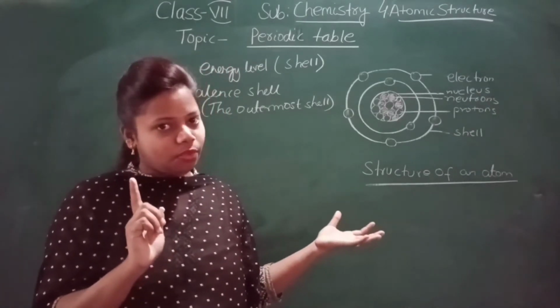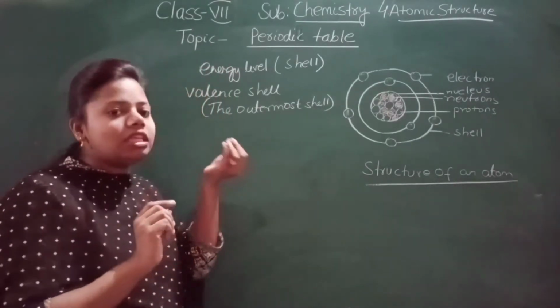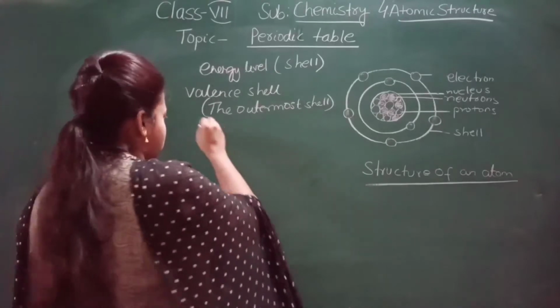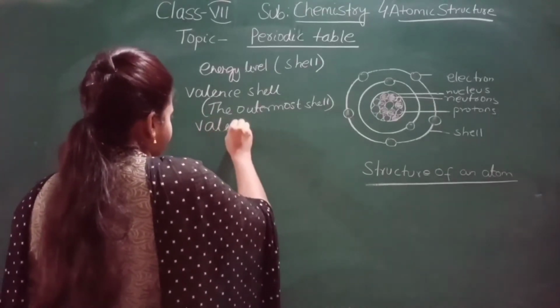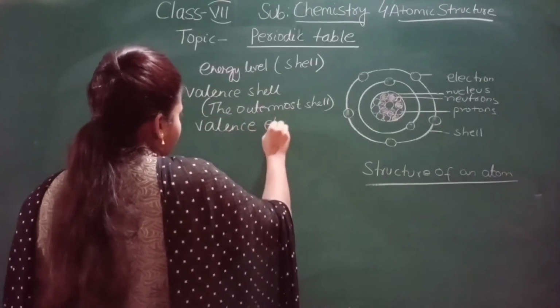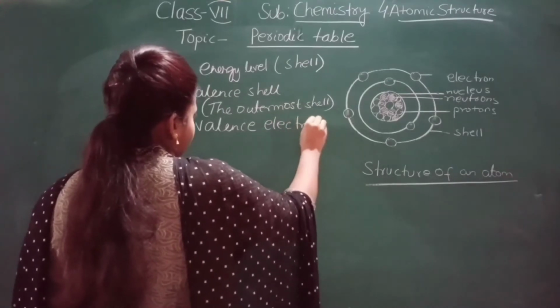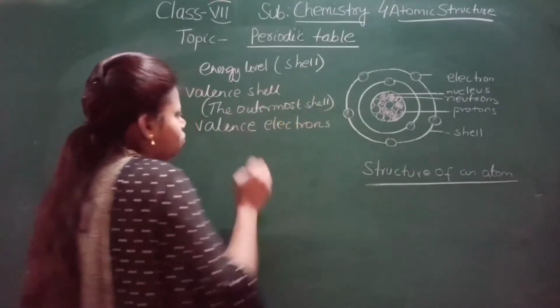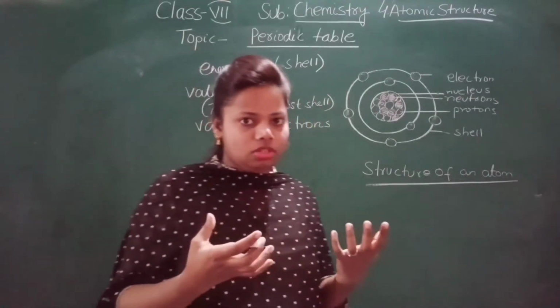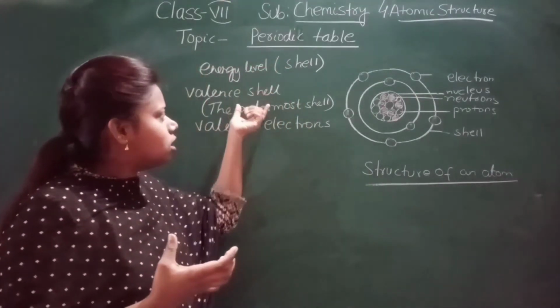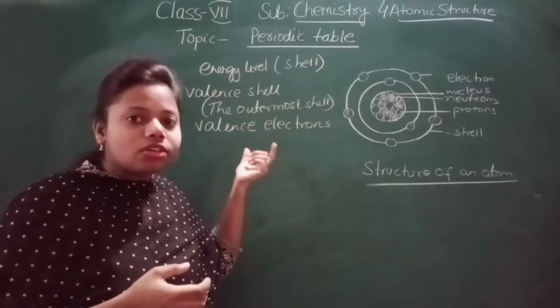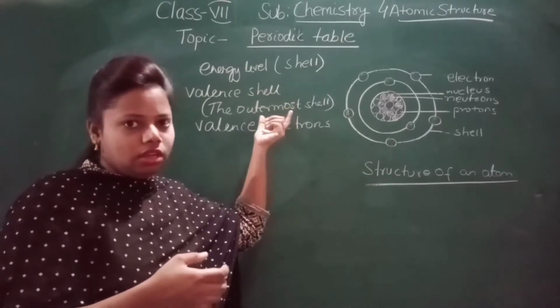Valence cell. Now after valence cell, what is valence electrons? So what is this valence electron? Valence shell means the outermost shell, so the electrons present in this outermost shell.